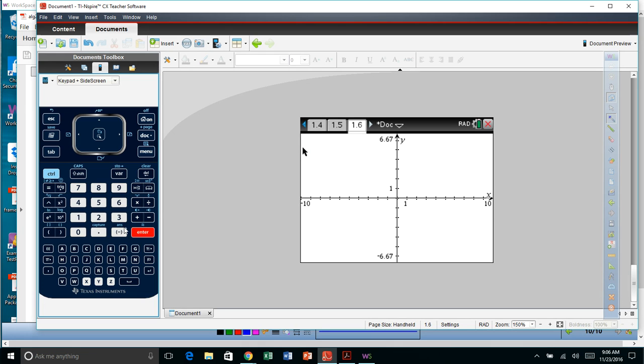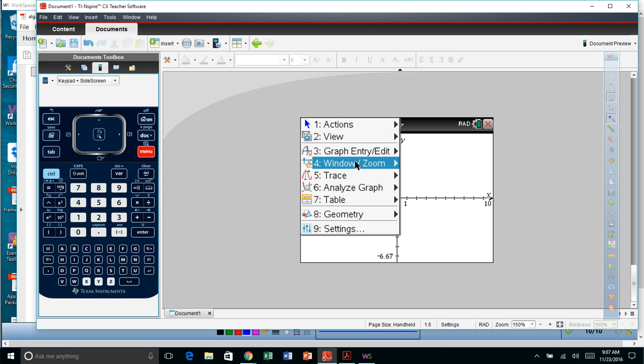Can't see it. We know it's going to cross the y-axis at 1550, and we know we're looking for $2,000 on the y-axis, and I'm not sure how long that'll take on the x-axis.